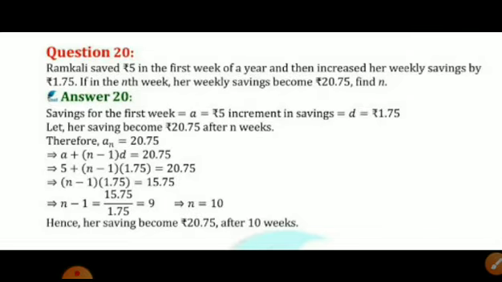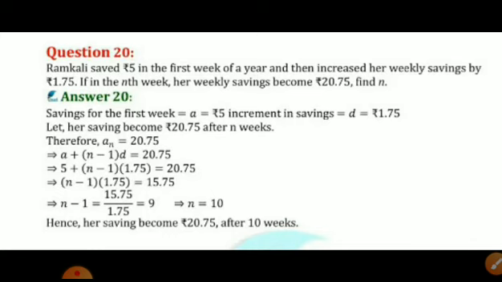Now see the next question. Ramkali saved rupees 5 in the first week of a year and then increased her weekly savings by rupees 1.75. If in the nth week her weekly savings becomes rupees 20.75, find n. That means at which week she got her savings as rupees 20.75. That means we have to find that n. Now what is given?